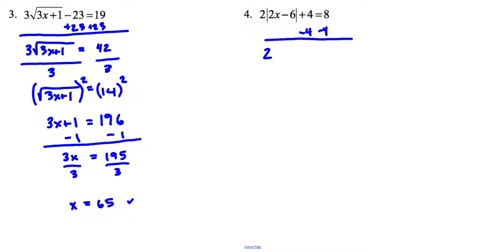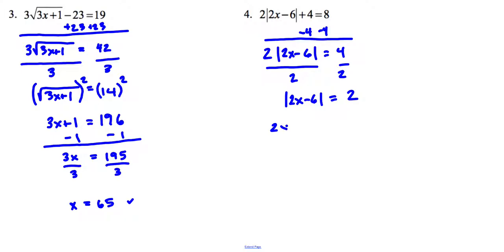So we're going to have 2 times the absolute value of 2x minus 6 equals 4. Now 2 times something equals 4. Well, we know that the value of this would have to be 2 then, because that's what makes sense. So we're going to divide each side by 2, and you'll see that the absolute value of 2x minus 6 equals 2. And now there's 2 values that have an absolute value that equals 2. Those 2 values are 2 and negative 2.